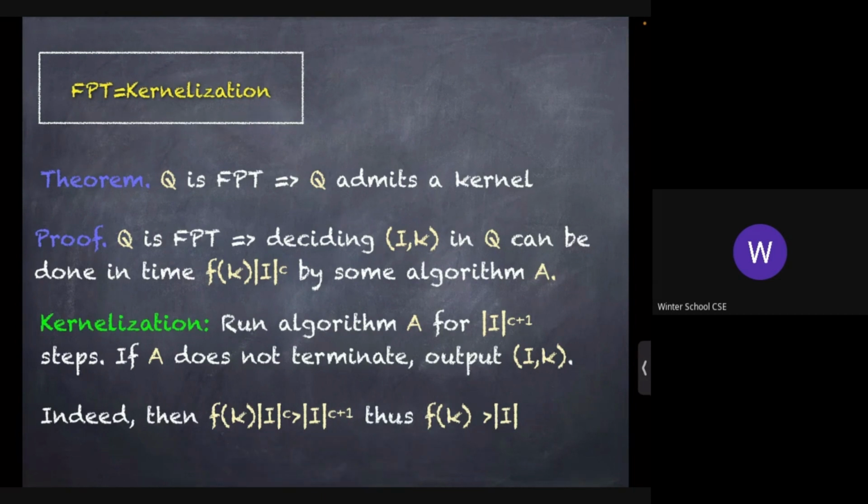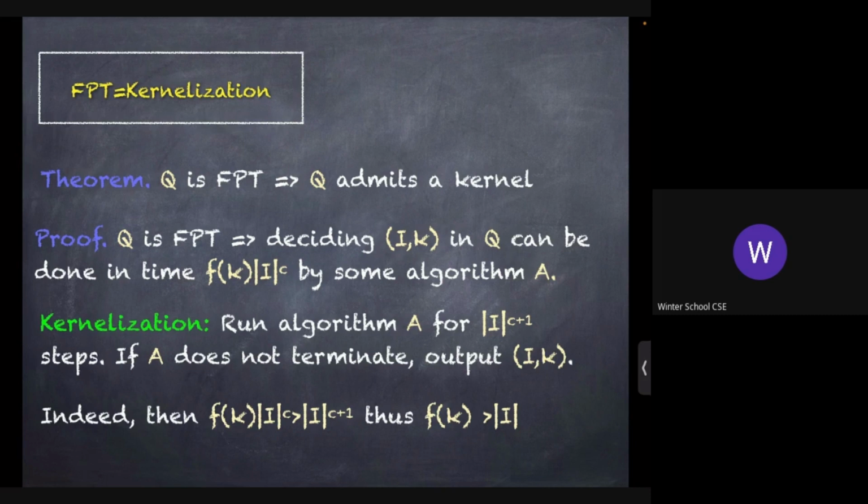Why? Because I run my algorithm for this time. If my algorithm terminates, it finds a solution, and I'm perfectly happy, right? It's a yes or a no. I solved the problem. That's fine. If I didn't solve the problem, so it's still working, then I know that the running time of my algorithm, f of k times |I| to the c, which is sufficient to solve the problem, is strictly larger than |I| to the c plus 1.